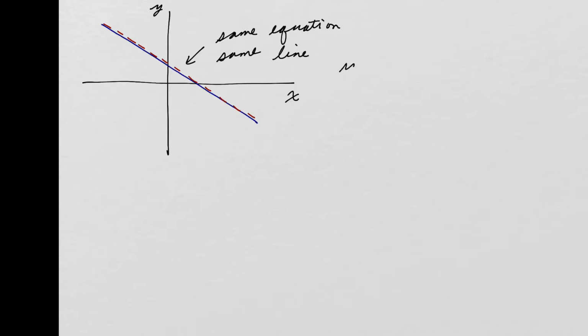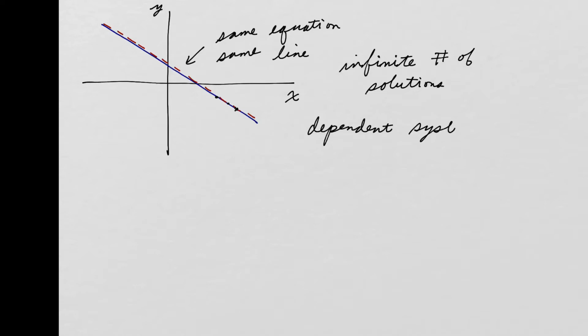That means there's an infinite number of solutions, because every point on that, every point here, point here, point here, every point is going to satisfy both equations because they really are the same equation. And then as a system, this is called a dependent system. Okay, so again, those are the three possibilities. The most common one is going to be that first case where the lines cross at exactly one point.